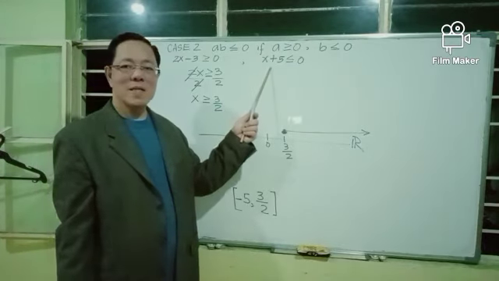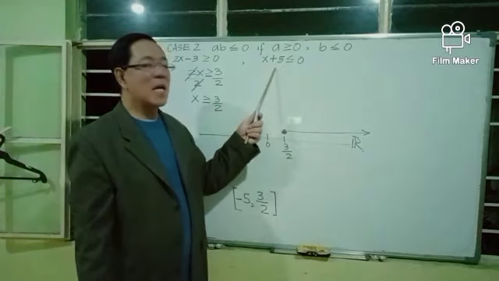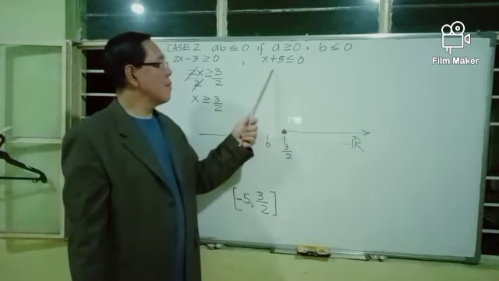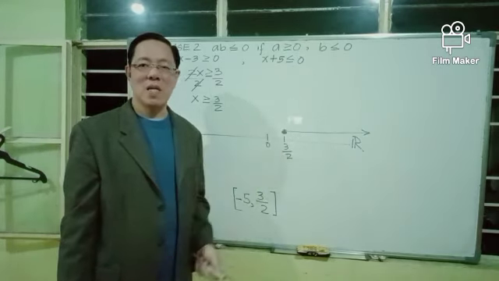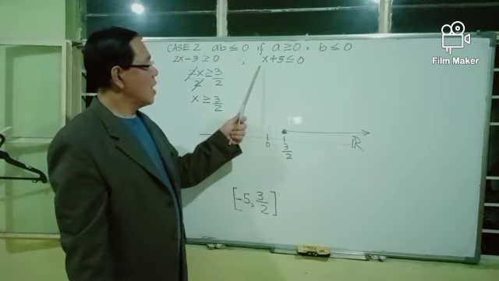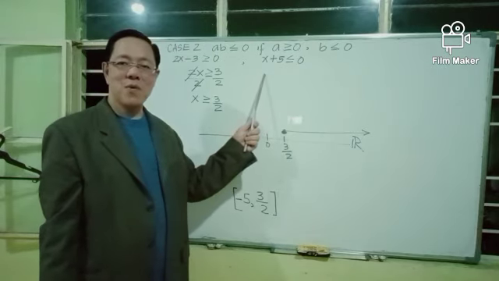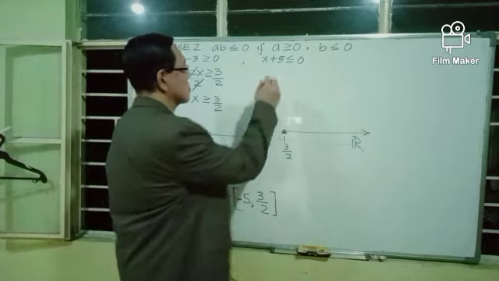Now we solve this linear inequality, x plus 5 less than or equal to 0, by transposing positive 5 to the right hand side, and it becomes negative 5. At the left hand side, we are left with x.